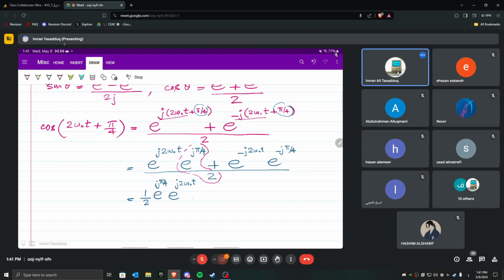Similarly for the next one, this guy here is a minus 2, right? So it's going to be 1 by 2 e to the power minus j pi by 4 e to the power minus j 2 omega naught t, right?